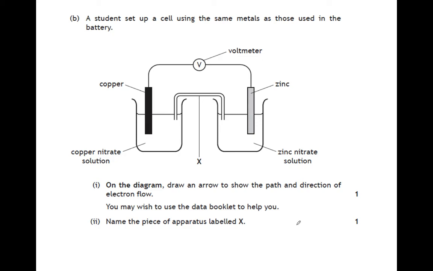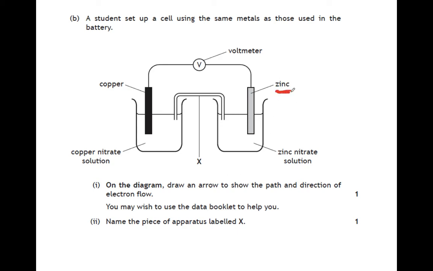A student has set up a cell using the same metals as those used in the battery, copper and zinc. Copper is in a copper nitrate solution and zinc is in a zinc nitrate solution. On the diagram, draw an arrow to show the path and direction of electron flow. So remember, electrons will flow to the metal lower on the electrochemical series from the metal higher.